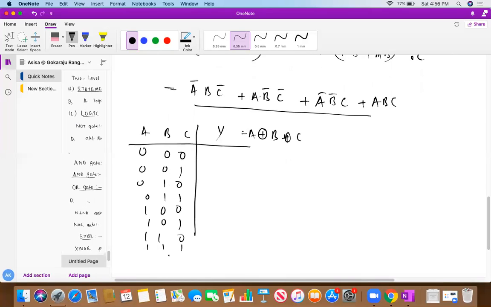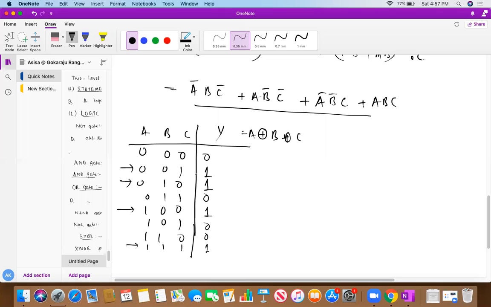So what I have told you, if the number of ones in the inputs is odd, then I will get output 1. Here the count is 1, so I am getting output 1. Here also the count is 1, so I am getting output 1. Here also 1, and at the end I am getting 1, and all other places are 0.